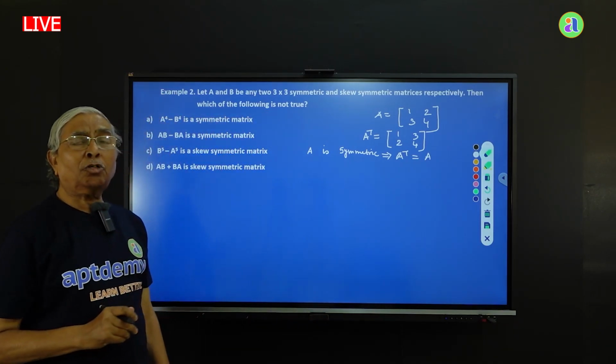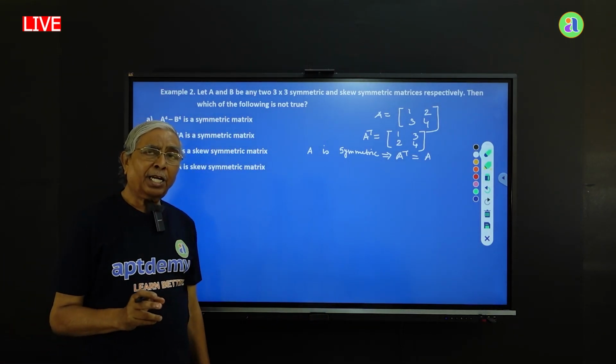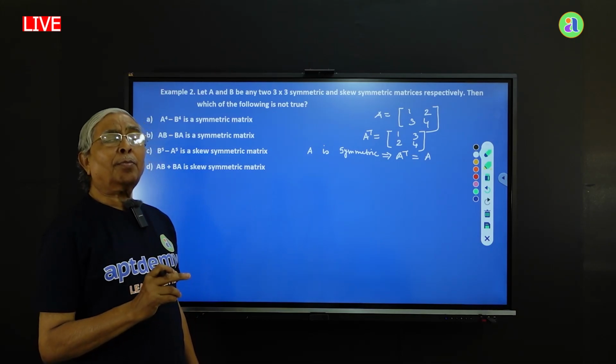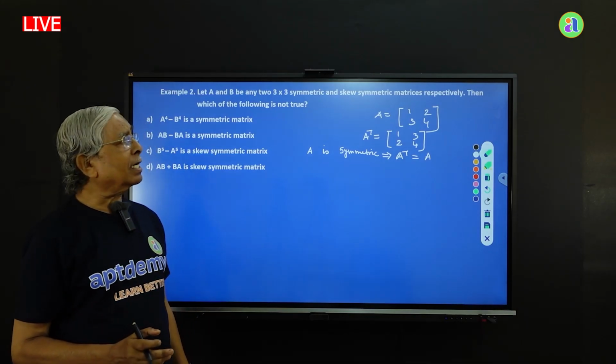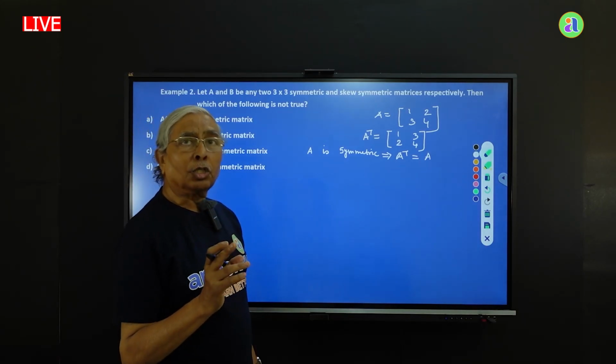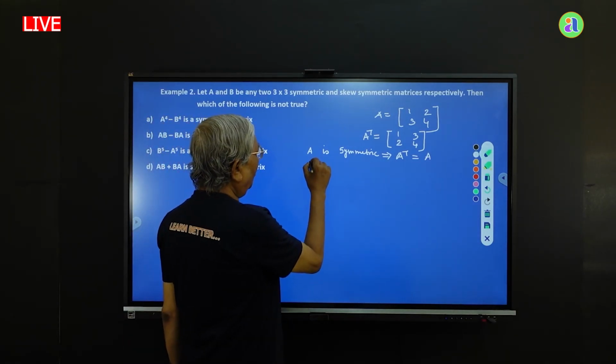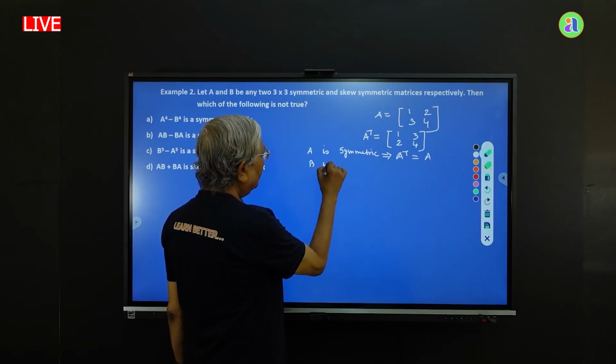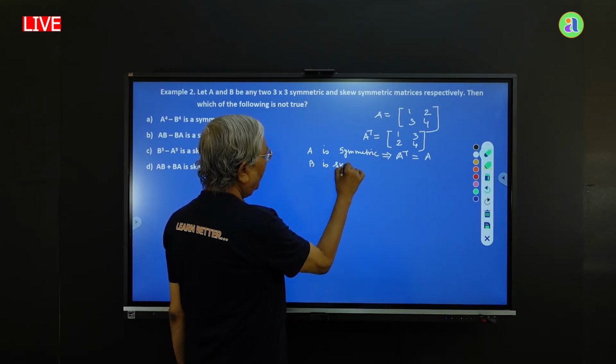And what do you mean by skew symmetric? The matrix A is said to be skew symmetric if A transpose equal to minus A. Here you are given that B is skew symmetric.